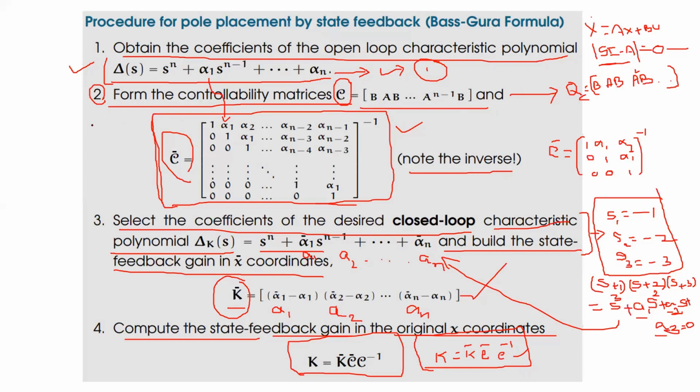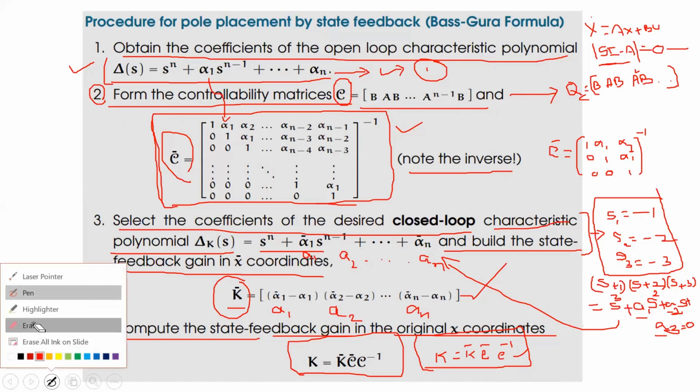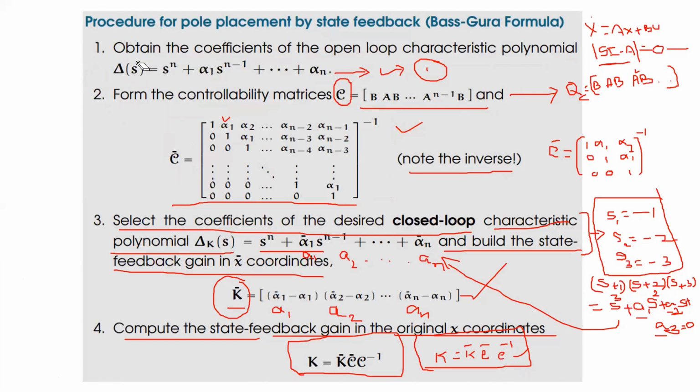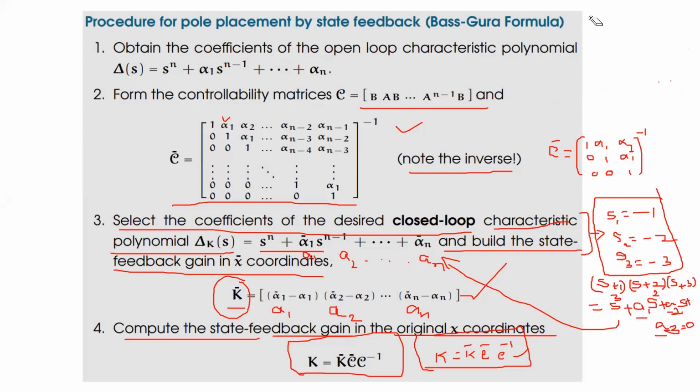This is somewhat difficult, but this also becomes easy if you know the process. So what is the process? Once again, I'm going to explain. First, we need to find the characteristic polynomial for the given state equation using |sI minus A| is equal to 0. What is the next one?